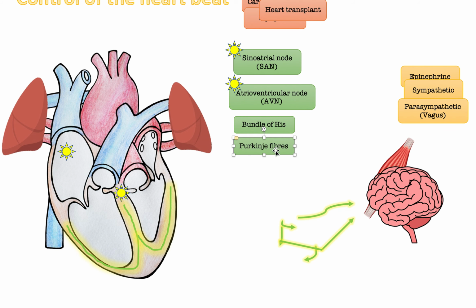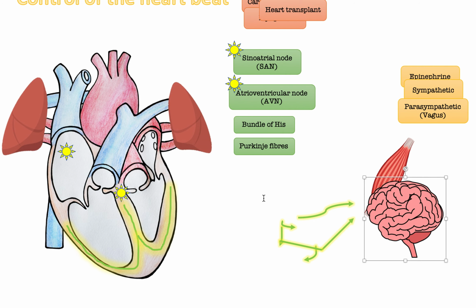And fibers does not mean it's neurons or anything like that. It just means it behaves like neurons. It stimulates the muscles to contract, like the brain. So don't think fibers suddenly means neurons or different kinds of cells. It's still a heart cell, but a modified version of the heart cell that stimulates the muscles to contract.